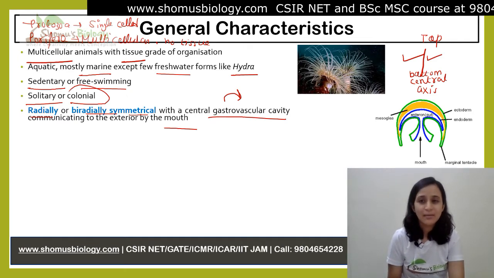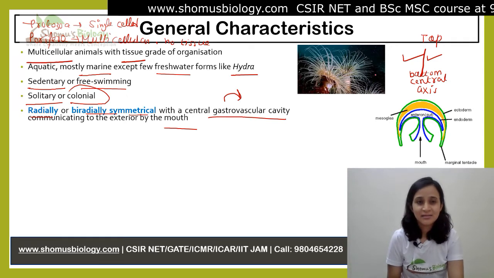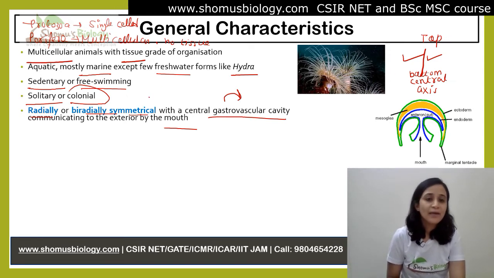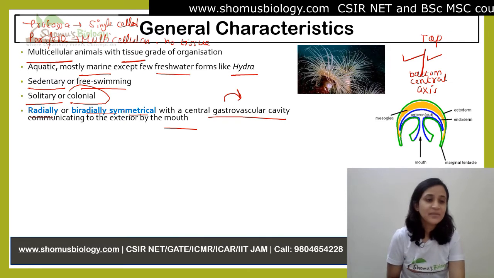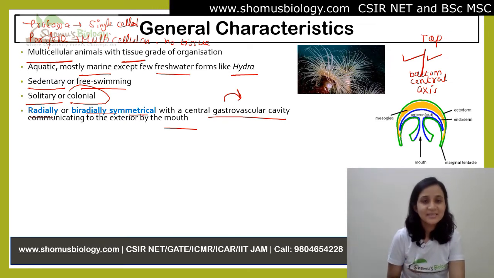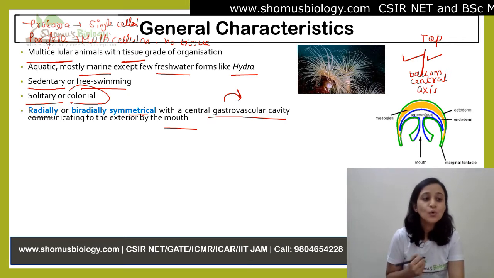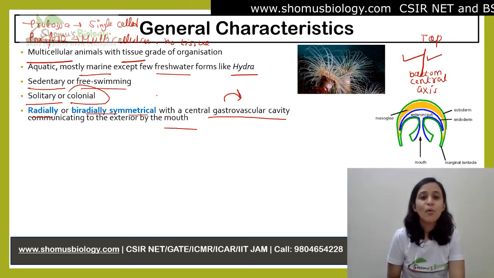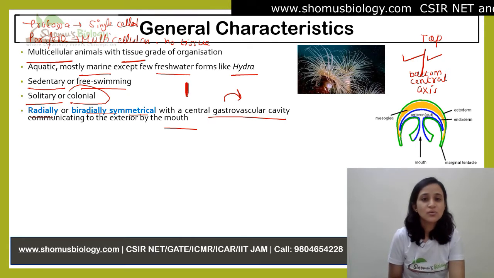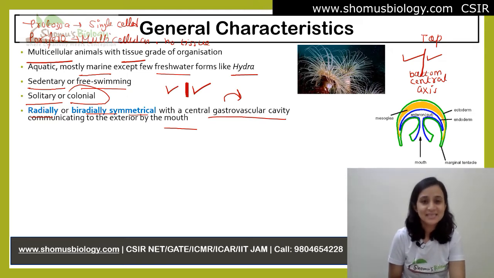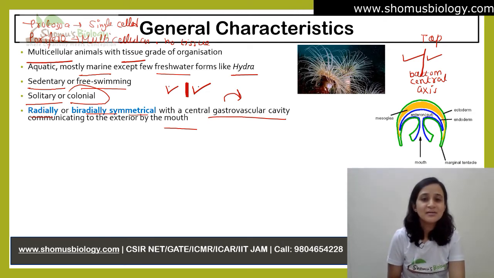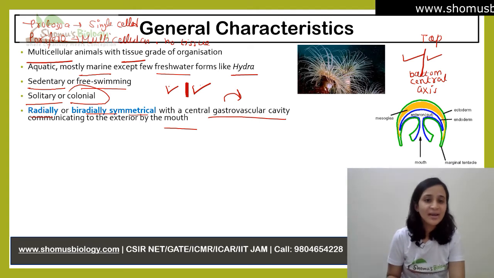Only top and bottom surface you can see in radially symmetrical animals. And what is biradially symmetrical? Biradial symmetry means that the body can be divided into two similar halves. If this is the central portion, and this half and that half are exactly the same, this is called biradially symmetrical, right? Both the right and left part are mirror images of one another, so they are exactly the same.